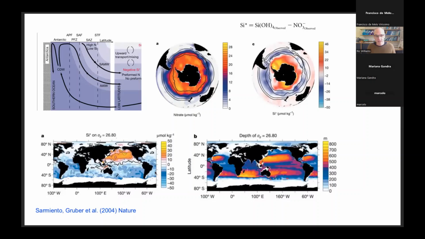But they then posed a question or a conundrum as to how those nutrients were redistributed from the Southern Ocean over thousands of kilometers and into the low latitudes of the northern hemisphere.